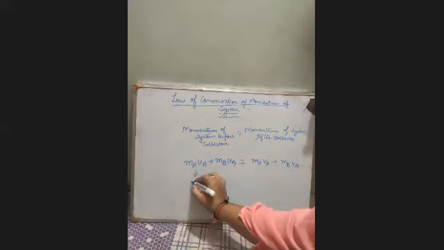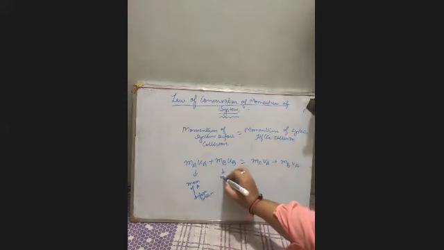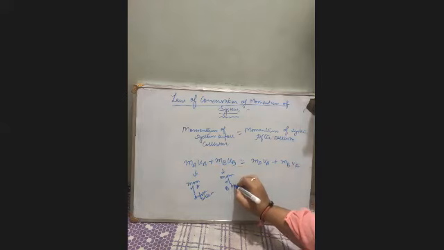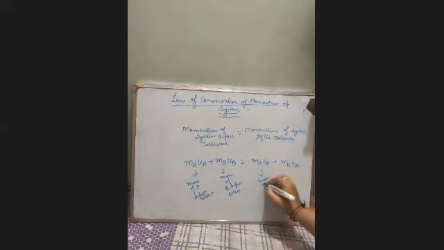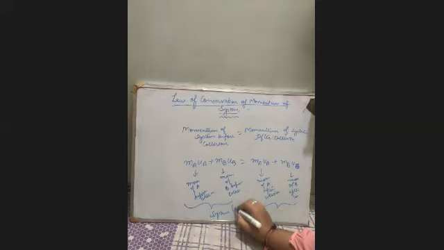So this is the momentum of A before collision, and this is the momentum of B before collision, and this is the momentum of A after collision, and this is the momentum of B after collision, here I should use VB. So this is the momentum of the system before collision, and this is the momentum of the system after collision.